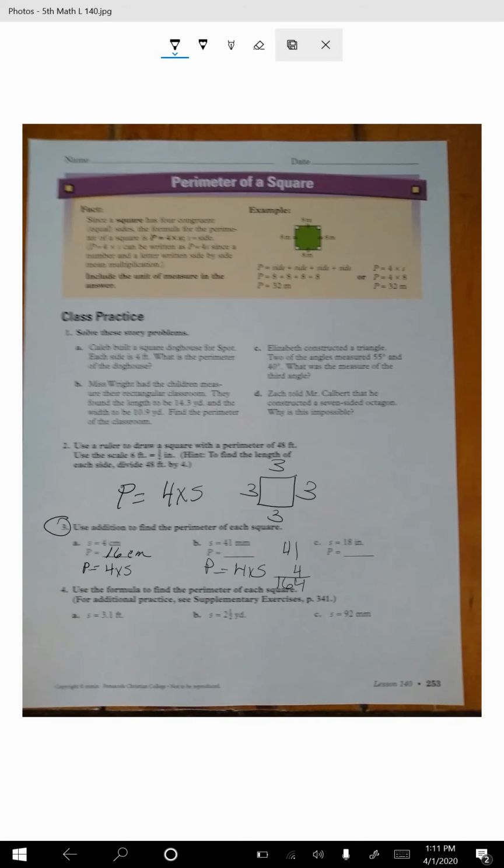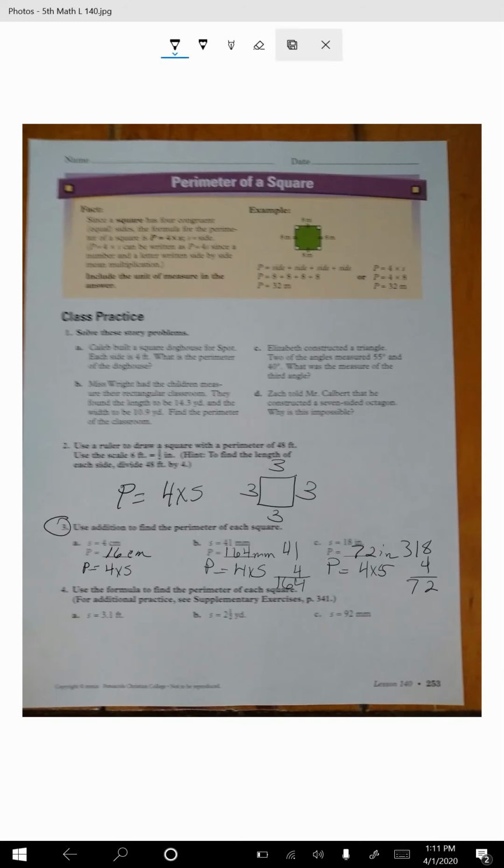I get 164. Is that what you get? So we have 164 millimeters. And the last one, perimeter equals 4 times S. 18 times 4 is 72 inches. Is that what you get?